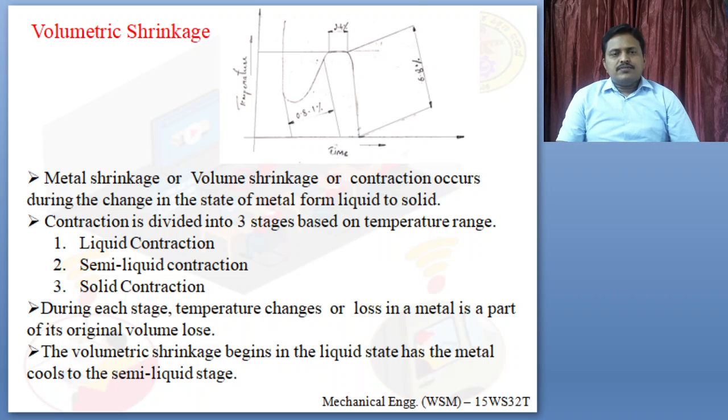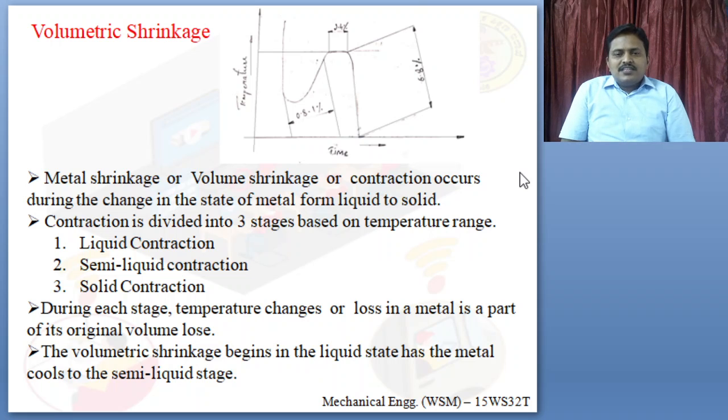Today we are going to see the topic on volumetric shrinkage. It is unit 1, metal crystal structure and metallurgy of welded joints. What do you mean by volumetric shrinkage? It can be known as metal shrinkage. It is also known as contraction.